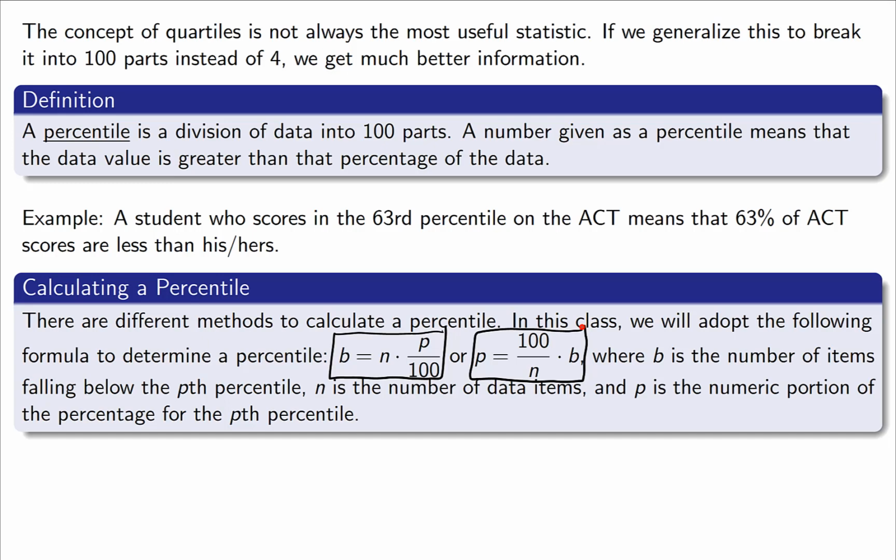They get confused. B stands for the number of data items that are below, numerically below the pth percentile. So you actually have to count off how many items are lower than the value that you're looking at right now. This is best illustrated by examples.